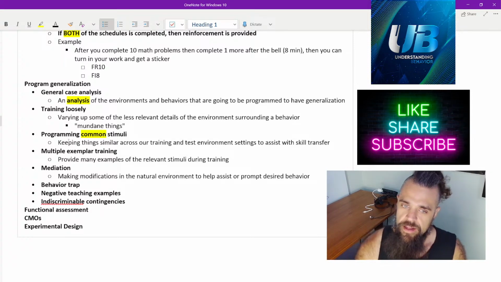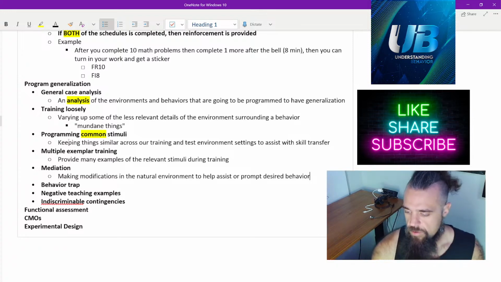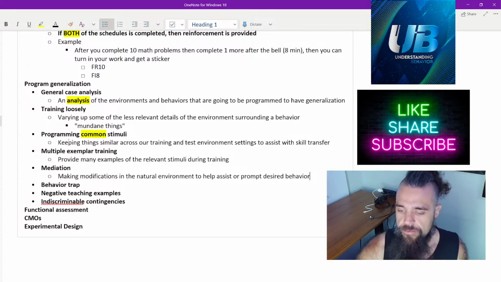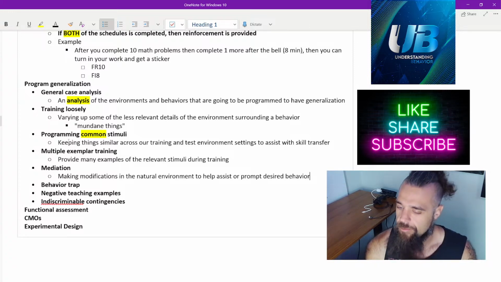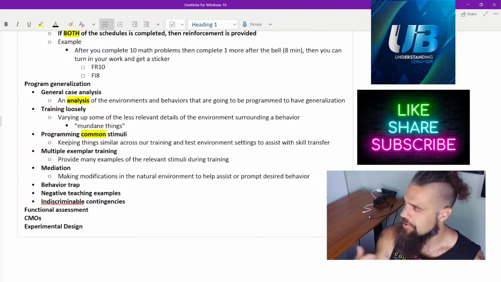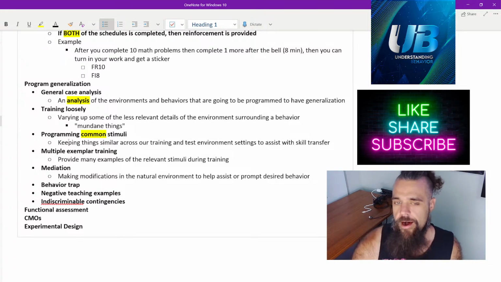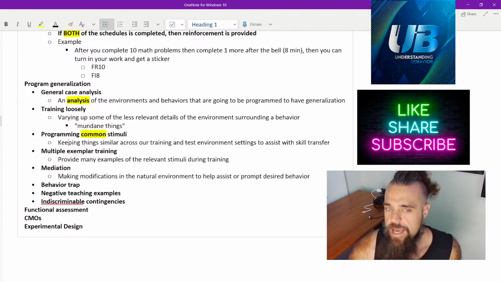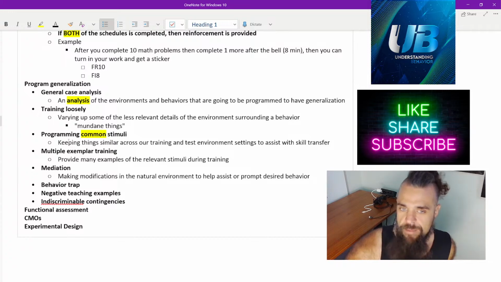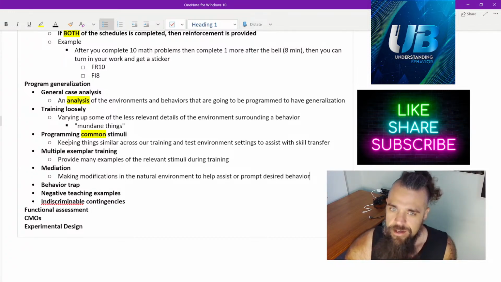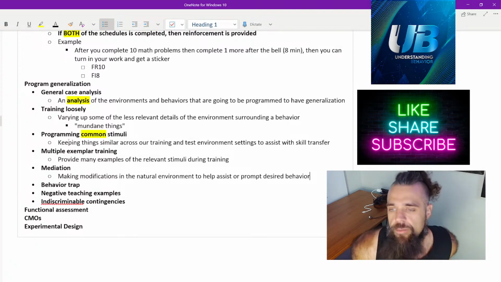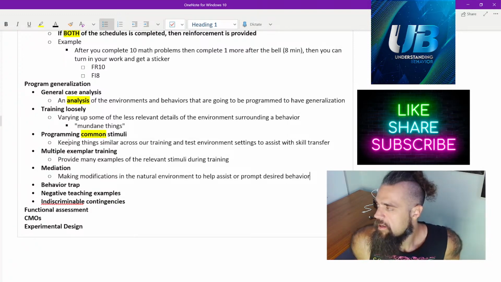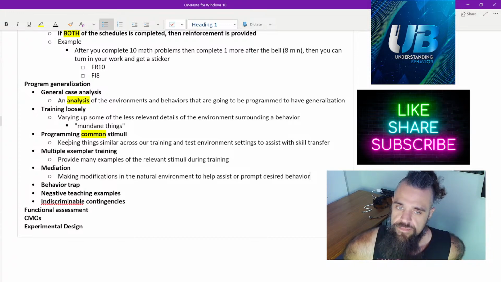It might just be, hey mom, Johnny really needs a reminder to brush his teeth. If you remind him right at 9 a.m., that's the time he wants to be reminded. If you could do that, that'd be dope. So that's an example of mediation. We're making that modification. We're hiring mom. Mom's always in the natural environment, and she's there to help assist or prompt the desired behavior. Sweet.